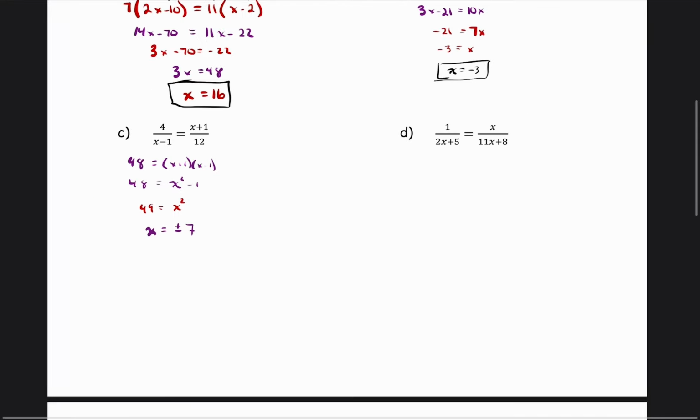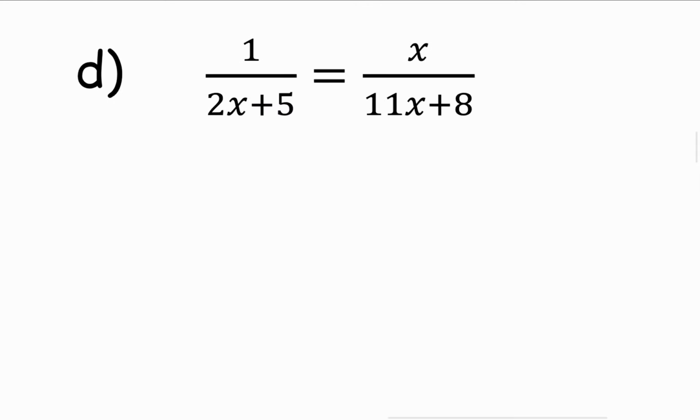All right, our last example for this video, right here. So, cross multiply again, we end up with 11x plus 8 equals x times 2x plus 5. We're going to go ahead and simplify that down a little bit.